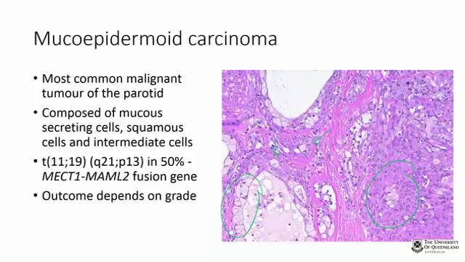Outcome for these lesions is based on the differentiation of the components, or how wild the cell looks. Interestingly, in over 50% of cases of mucoepidermoid carcinoma, there is a balanced chromosomal translocation involving chromosomes 11 and 19, which leads to a fusion protein that appears to play a key role in the pathogenesis of this tumour.